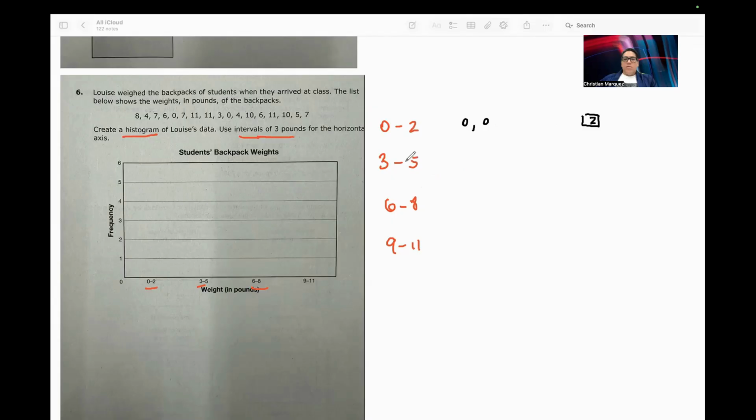Then in the range from 3 to 5, I have the number 3. Then I have the number 4. Then I have another 4, so you can put here 4. Then I have the number 5, and it's right here.